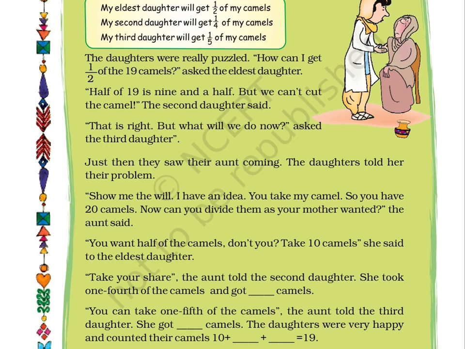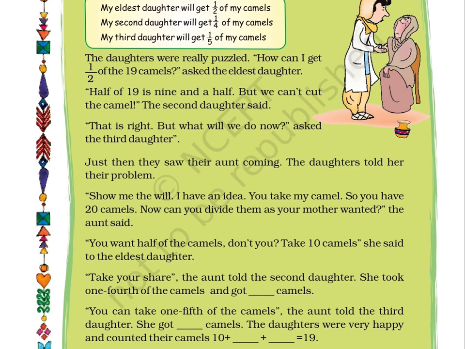Asked the third daughter. Just then they saw their aunt coming. The daughters told her their problem. "Show me the will. I have an idea. You take my camel, so you have 20 camels. Now can you divide them as your mother wanted?" The aunt said. "You want half of the camels, don't you?